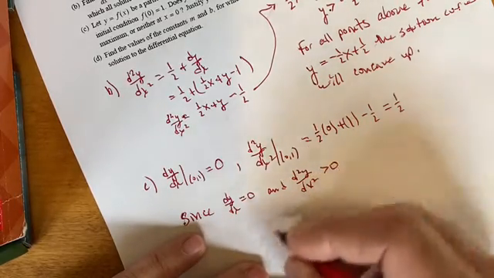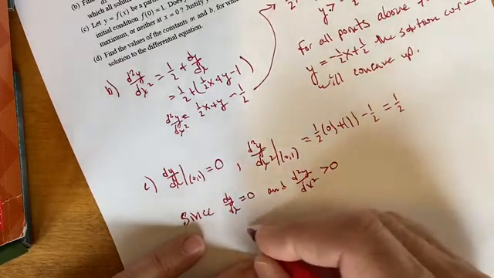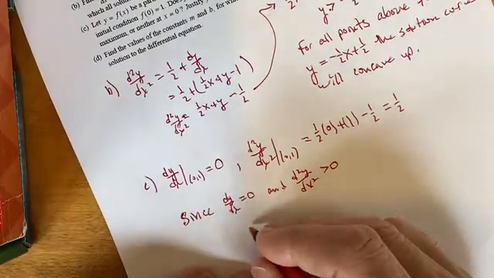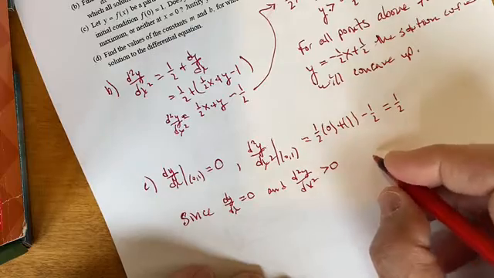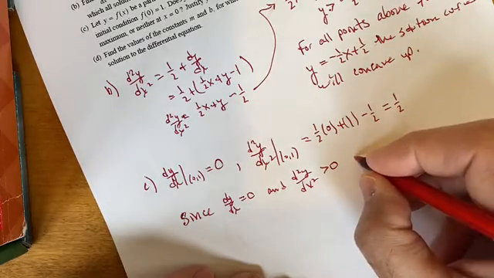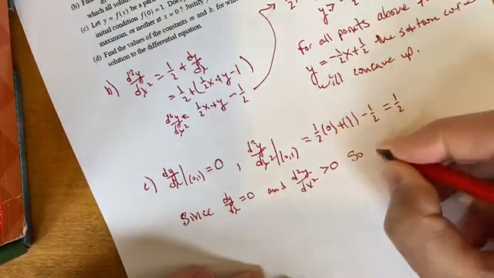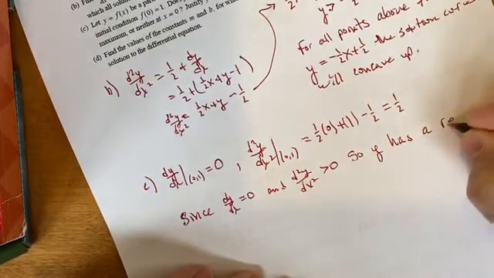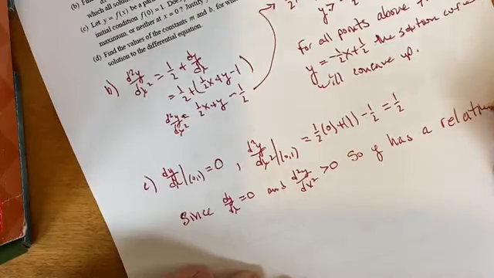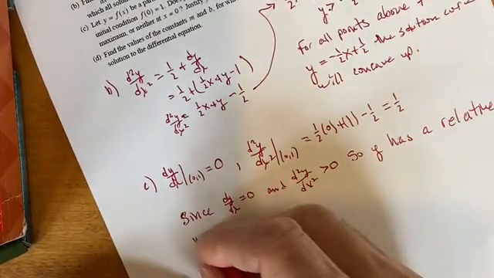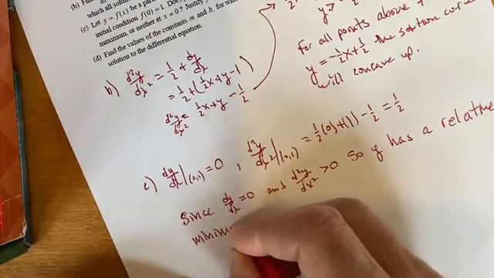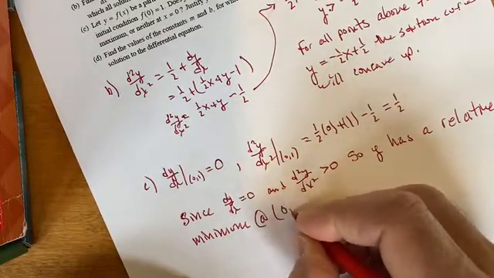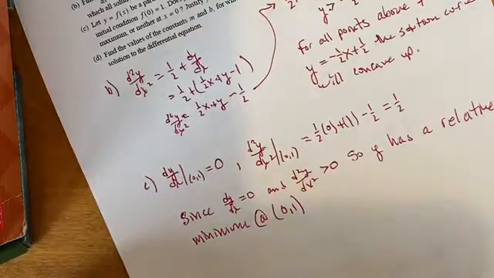Second derivative is positive, that means it's concave up. So it looks like we're going to find our relative minimum. So y has a relative minimum at point (0, 1). Okay?